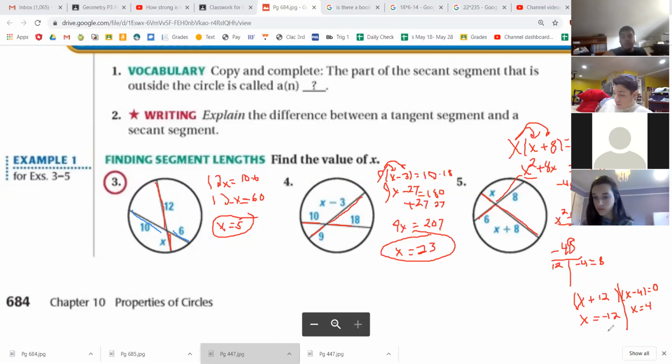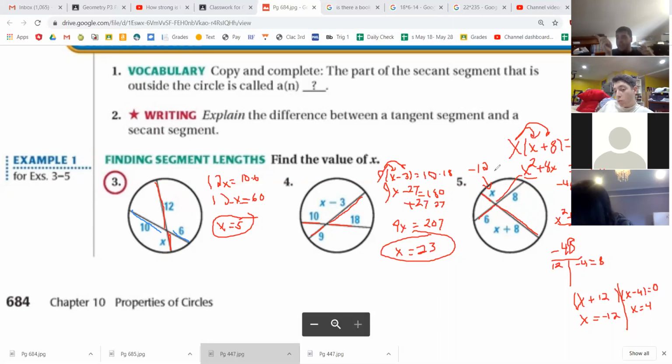Now, here's a really important thing then. Here's a concept. There's no such thing as negative length. So let's say if I plug in a negative 12 into this here, this would cause that part of the line to be negative 12. But that's impossible for a line to be negative 12 measurement. So don't you have to do absolute value then? No, at this point, it's because the answer is not absolute value 12, it's just negative 12.